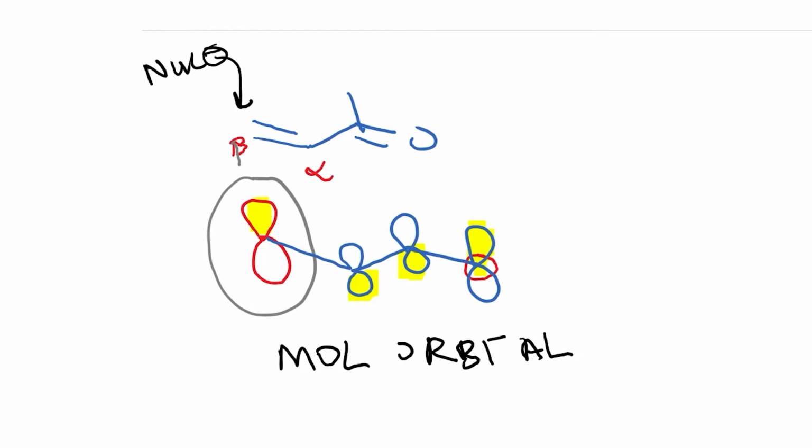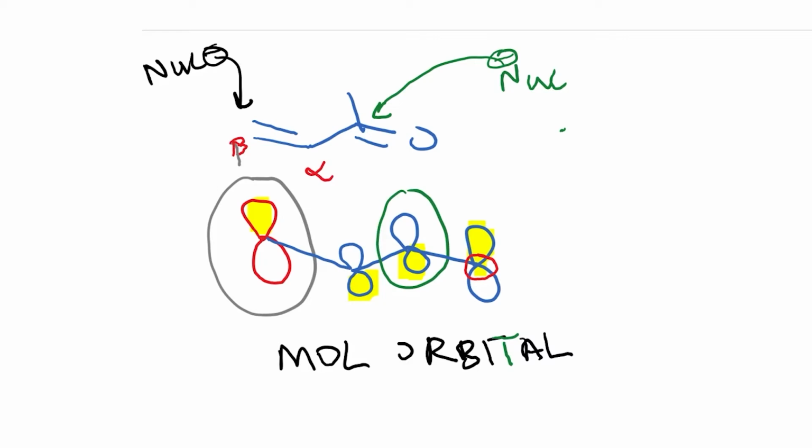But what we also must recognize is that this carbonyl carbon is also a site of attack. Although this lobe here is smaller than this lobe, the nucleophile can also attack and give you the 1,2 product. So that's important for us to understand.